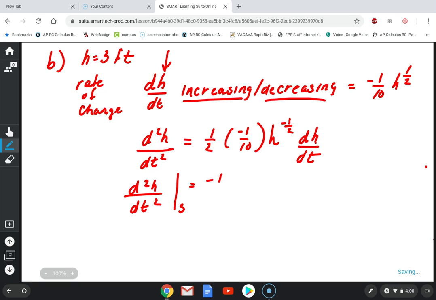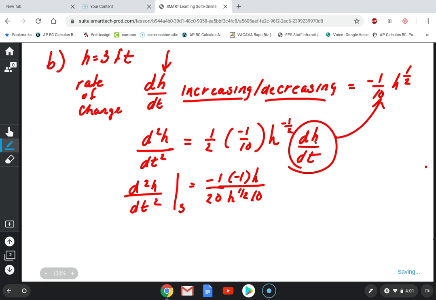So I have negative 1 over 20, with h to the 1/2 in the denominator, and then dH/dt I'm going to replace with negative 1 in the numerator and a 10 in the denominator and an h to the 1/2 in the numerator. After canceling, I get 1 over 200, and that is greater than 0.